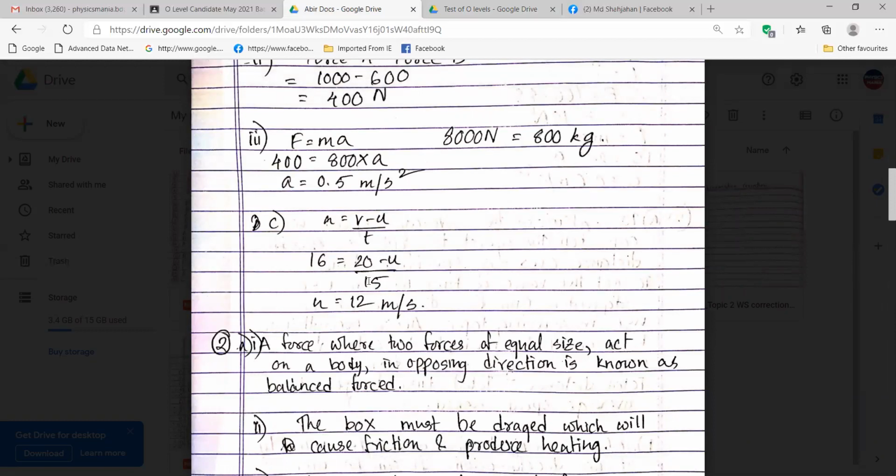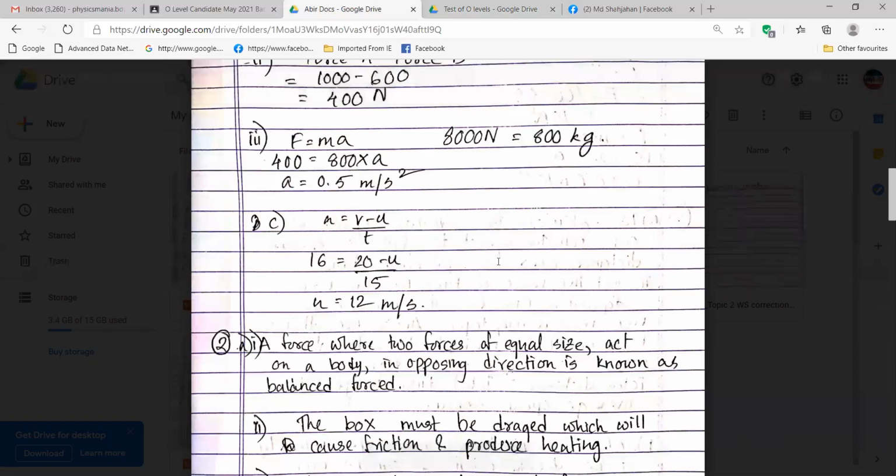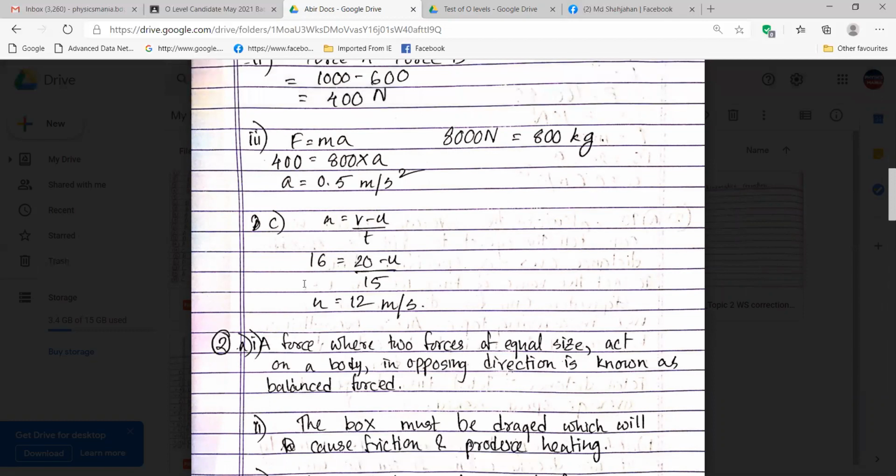Here you can do the correction on the right side with a pencil. You write here 1.6 equals 20 minus u by 5. Then it will come 12. So you are losing 1 mark here for the formula. Correct formula, I gave you 1 mark and the other mark you lost.